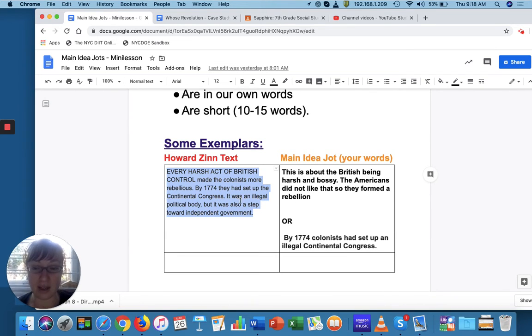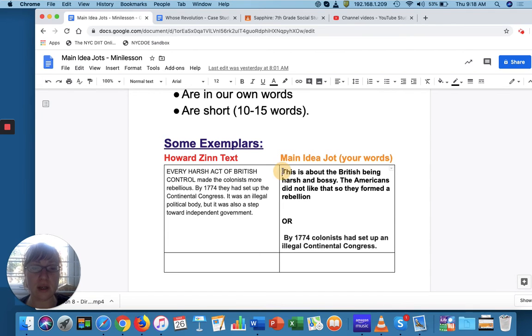Then the next sentence tells me the Continental Congress was an illegal political body, like a group of people, like the beginning of a government. But it was also the first step towards setting up their own government, separate from the British government. Thinking about what that means as I go helps me put it into my own words.